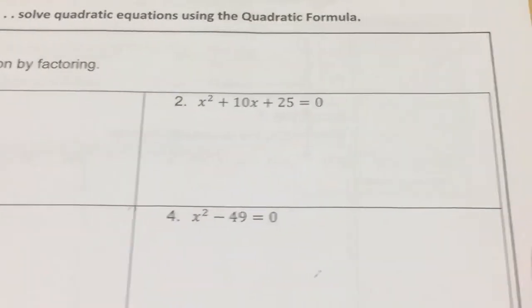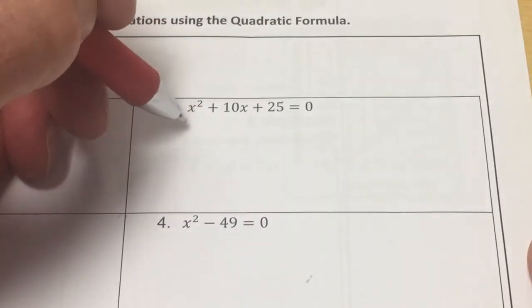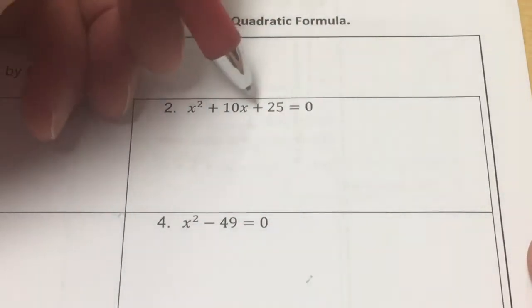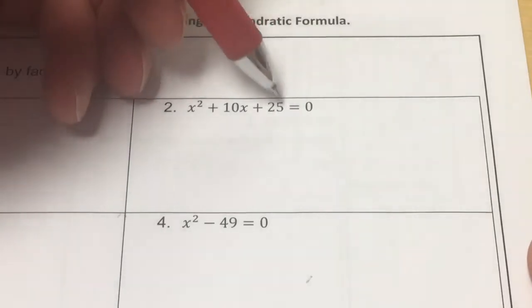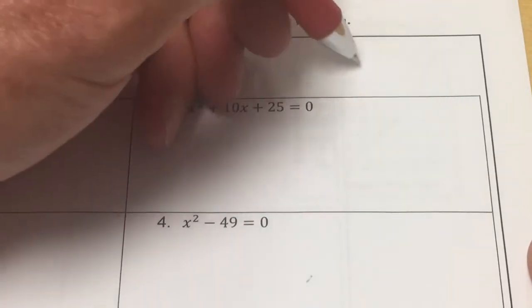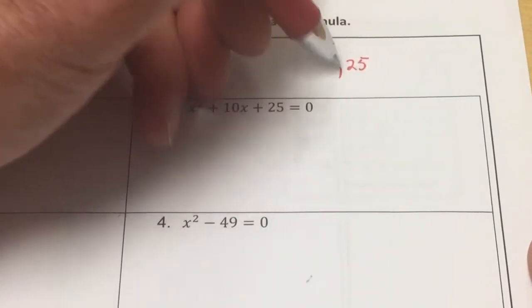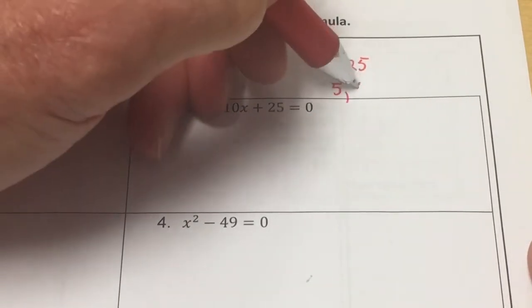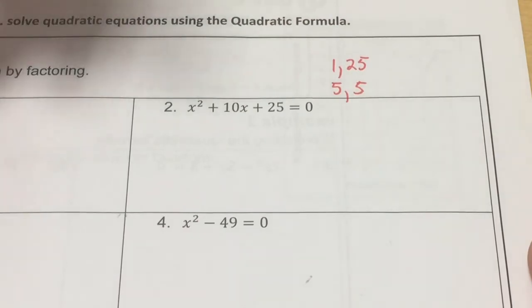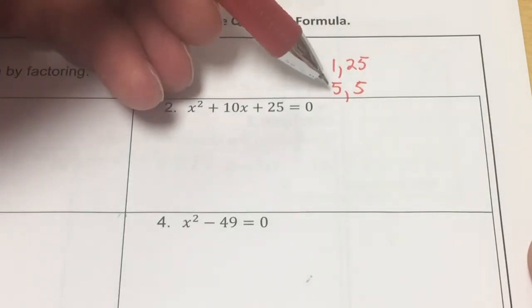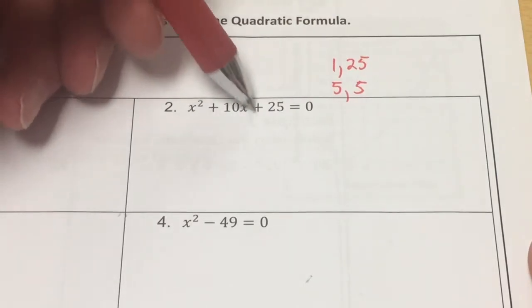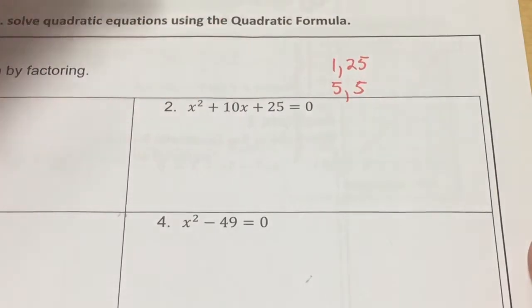On number 2, that one we're looking at 25 as our major focus, the constant term. And we notice that 25 times 1 are 2 factors, and 5 times 5 are 2 factors. And we choose the 5 times 5 because that's the pair that we can use to make a sum of 10, this middle term.